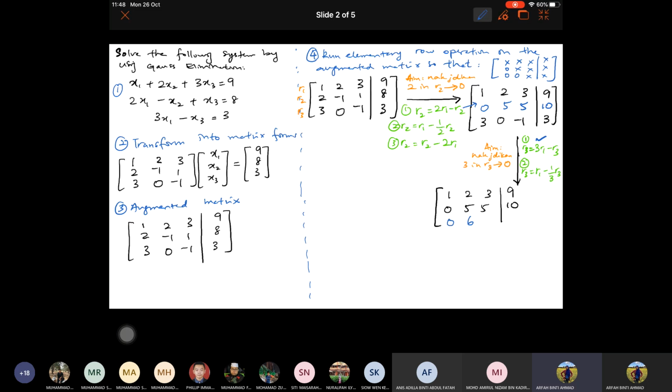Okay. 3 kali 3, 9. Tolak negatif 1 is 10. Okay. 3 kali 9 berapa? 27. Tolak 3, 24. So dapat. Saya dapat 0, 6, 10 dan juga 24.